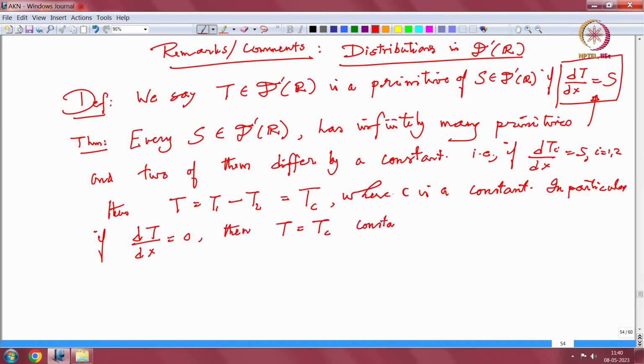The same as f prime of x equal to 0 in an open set, then f is a constant, even in the distribution setting. So you are basically solving that equation.